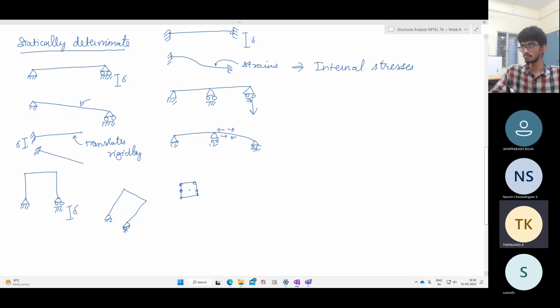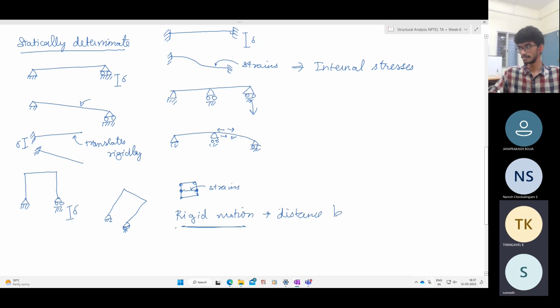Suppose these points move relative to each other, there is a change in the distance between them, and that causes strains. But in rigid rotation, when the structure moves as a rigid body, by definition the distance between different points does not change. If the distance between the points remains the same, then there are no strains induced. So that is the idea.